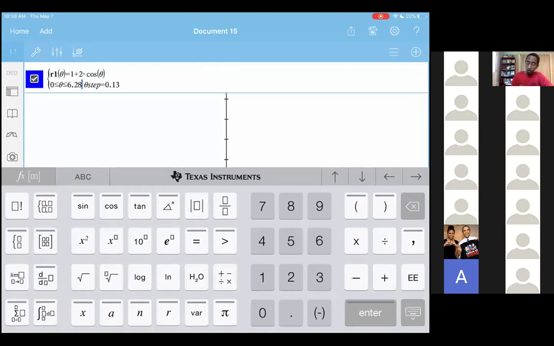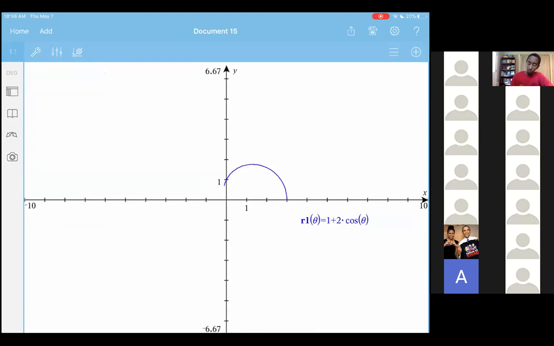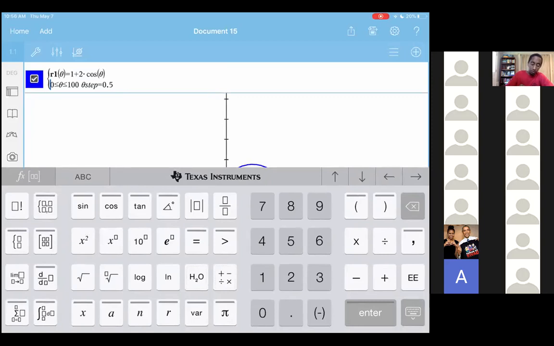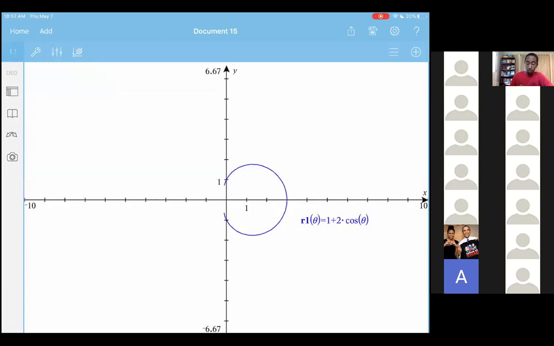I'm going to increase this value because you need more than just 0 to 2 pi. Let's say 0 to 100. Still not enough. That means I need to go negative over here in order to graph the whole thing. So I'm just going to say negative 100 to 100. Still not enough. I don't know why.